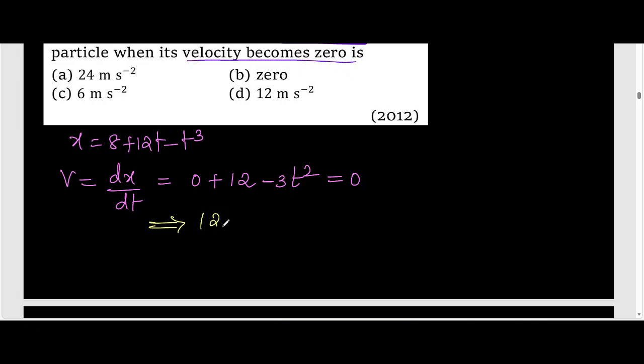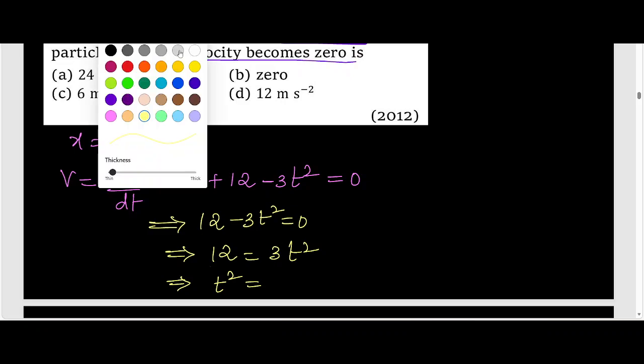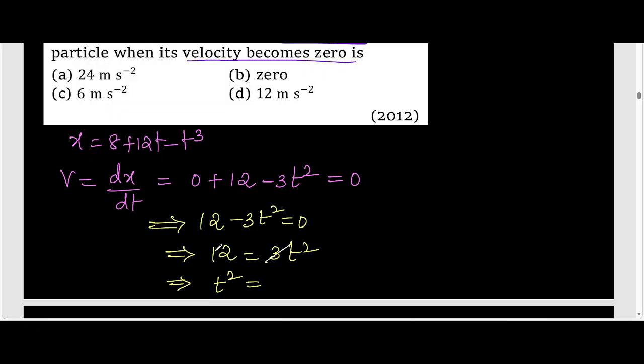That means 12 minus 3t square is 0, which means 12 equals 3t square, which means t square is what? 3 ones are 3, and 3 4s are 12. So t square is 4. That means t is equal to how much? t is 2 seconds. So when velocity is becoming 0, time is 2 seconds.